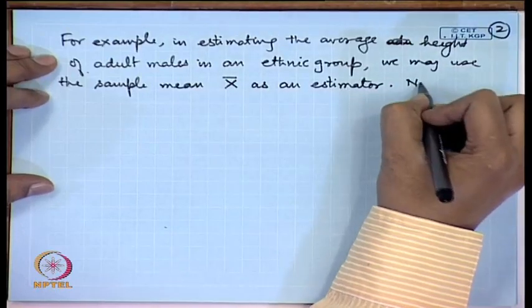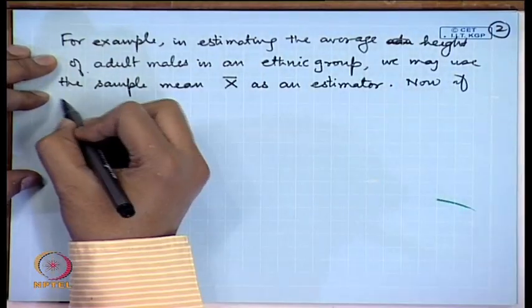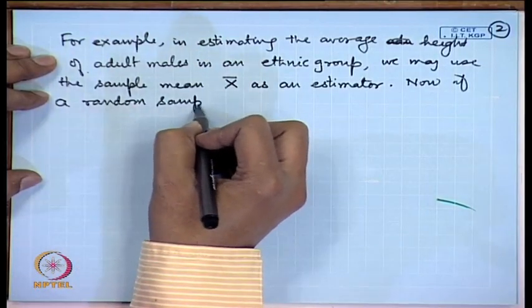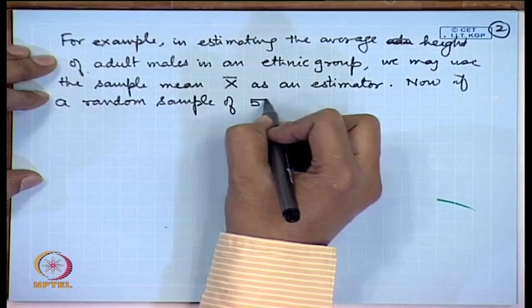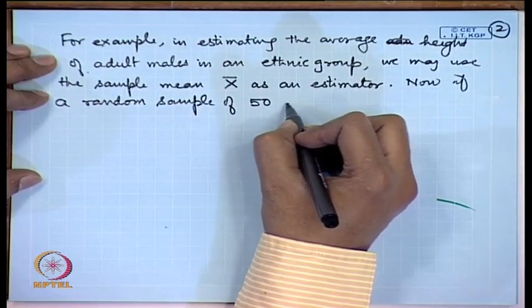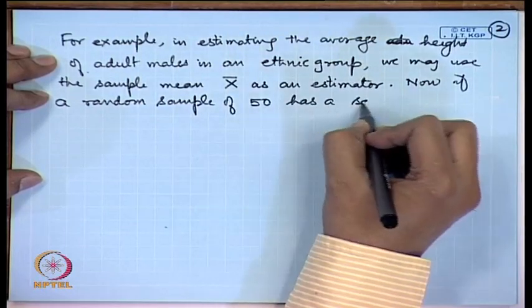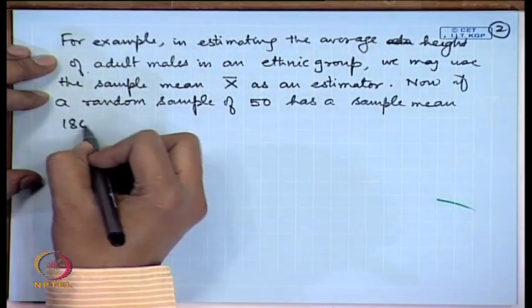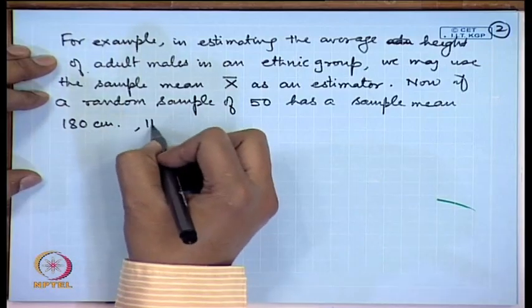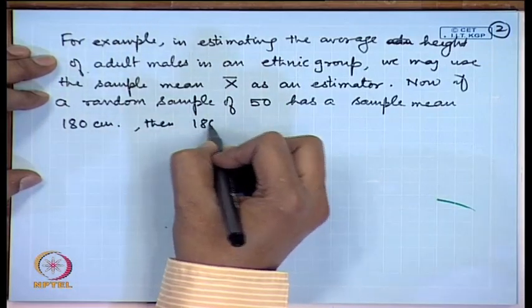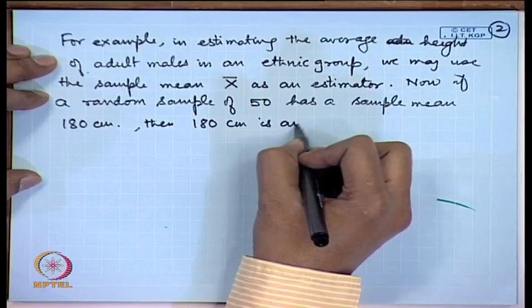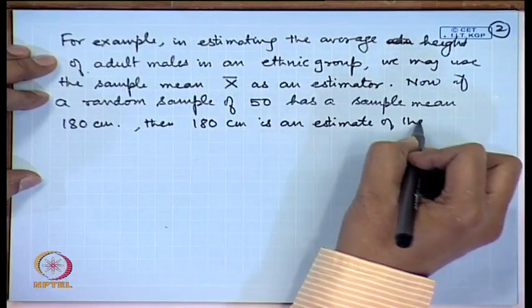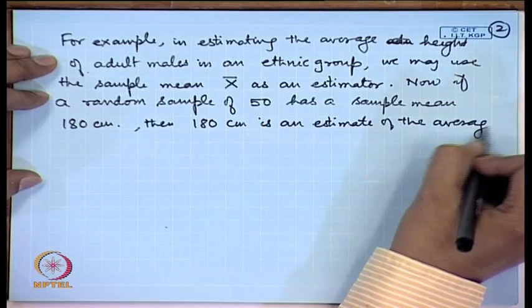Now, if a random sample of say 50 has a sample mean say 180 centimeter, then 180 centimeter is an estimate of the average height.